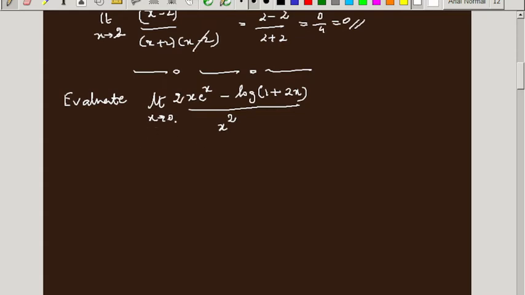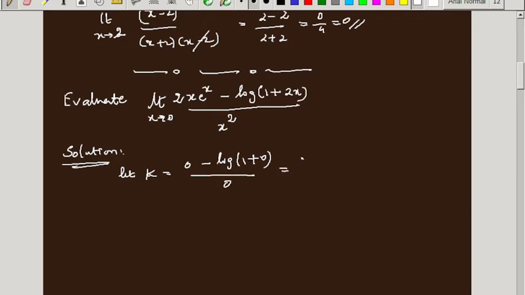Evaluate limit x tends to 0, 2 times x into e power x minus log of 1 plus 2x divided by x square. Solution. So here we consider this as k equal to, we apply the 0 here, we get 0 minus log of 1 plus 0 divided by 0.